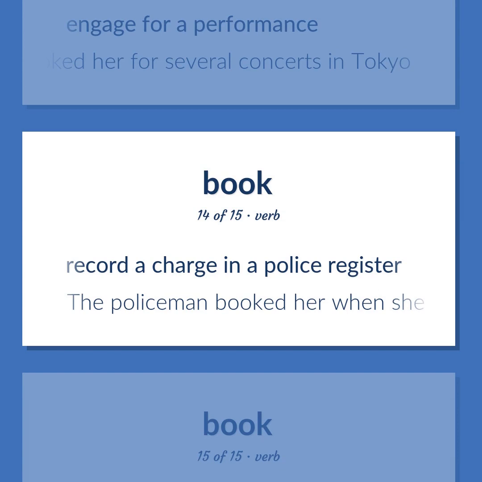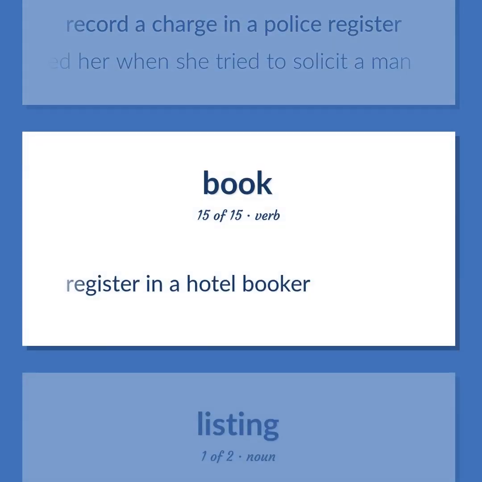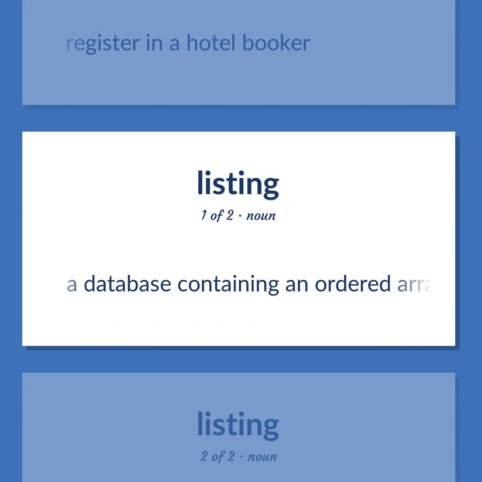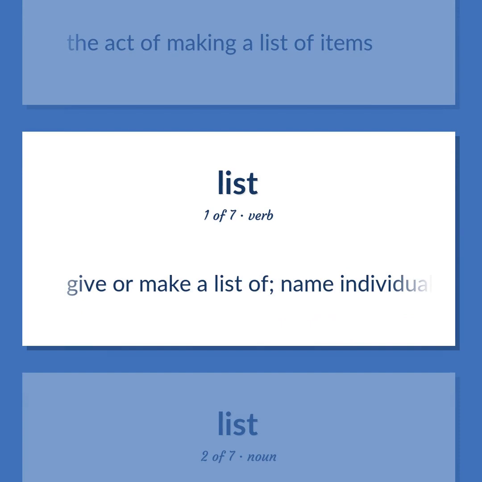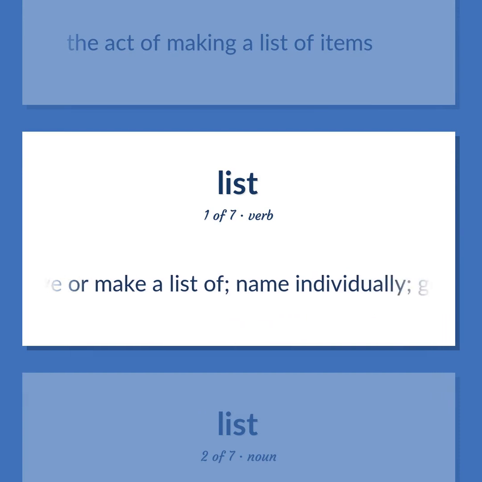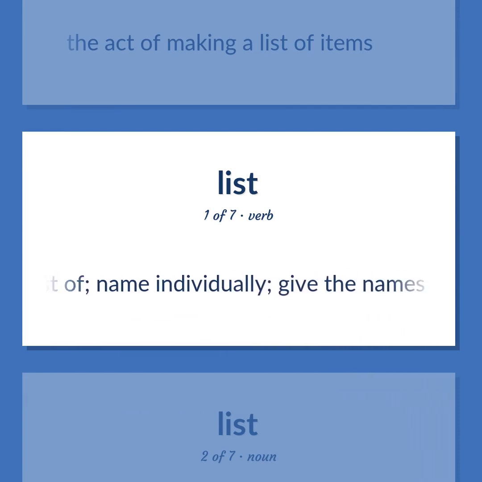The policeman booked her when she tried to solicit a man. Register in a hotel. A database containing an ordered array of items, names or topics. The act of making a list of items. Give or make a list of. Name individually. Give the names of.